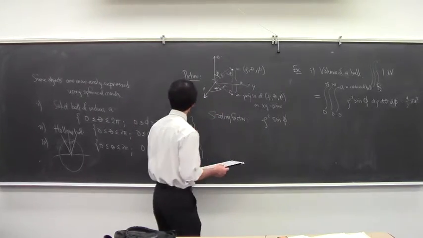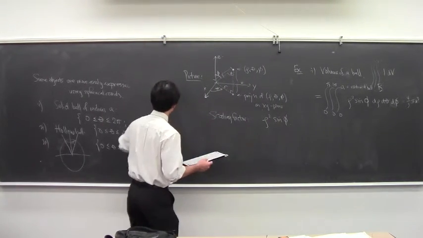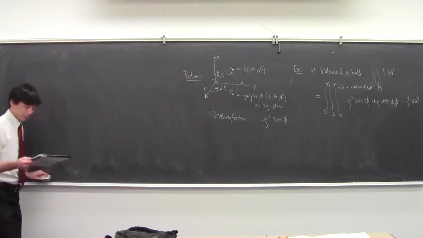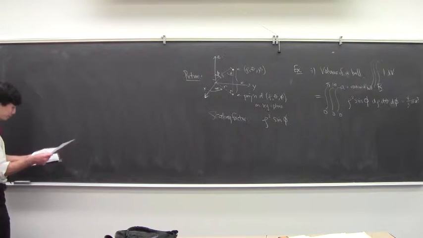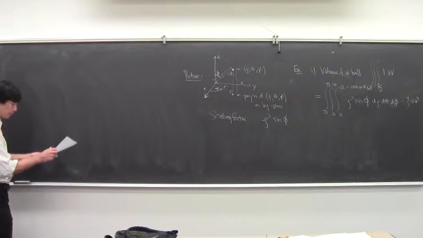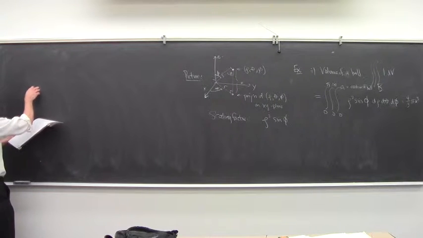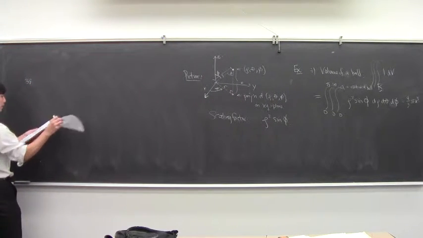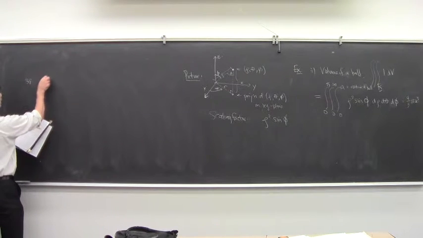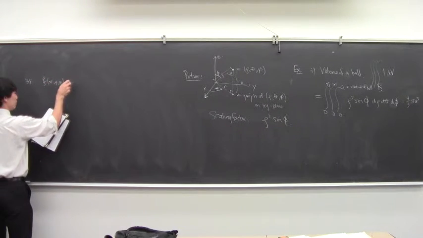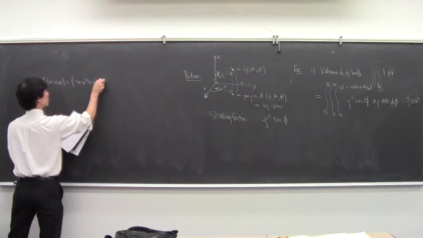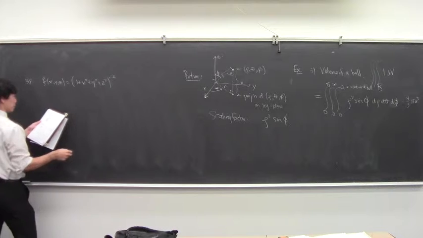Okay. Another example from the text. You have some function f of x, y, z being (1 plus x squared plus y squared plus z squared) to the negative 2.